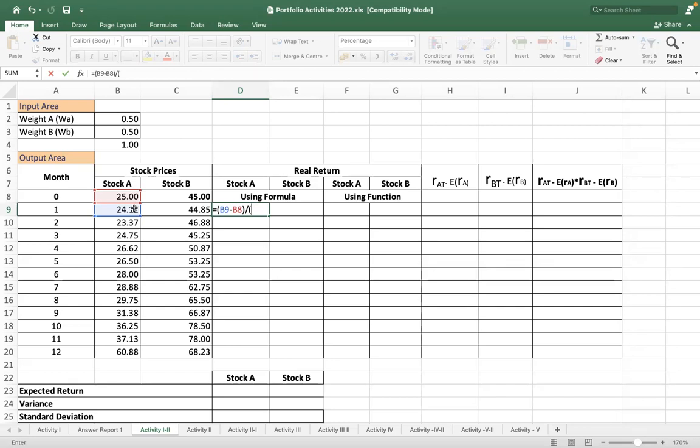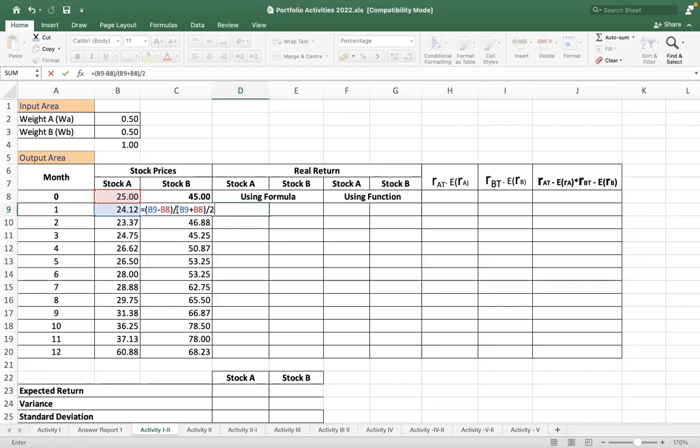So here, this one plus this one, so it should be divided by 2.